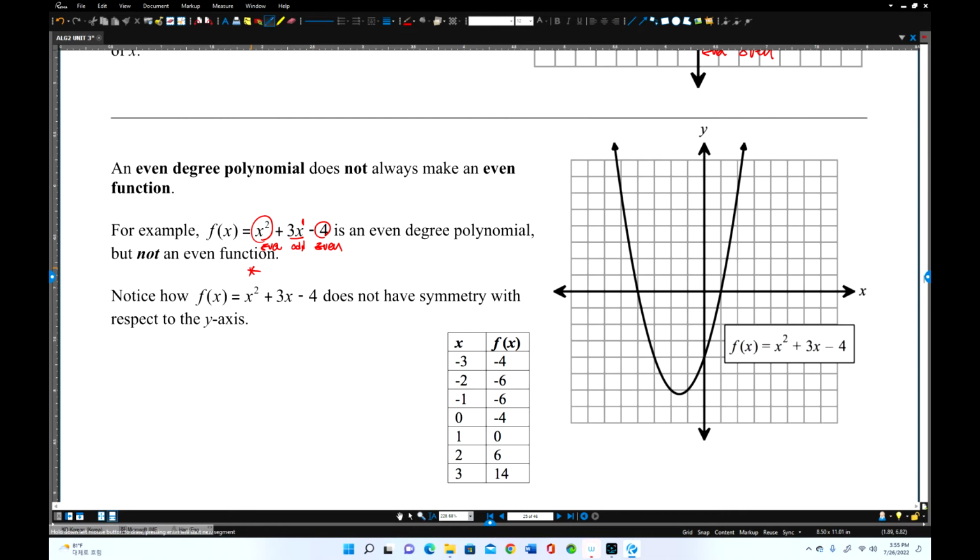But in advance, I'm gonna say when even and odd are mixed up, a combination of these two, the final f of x is neither. This is not even, not odd.